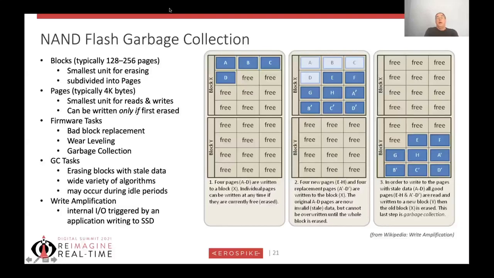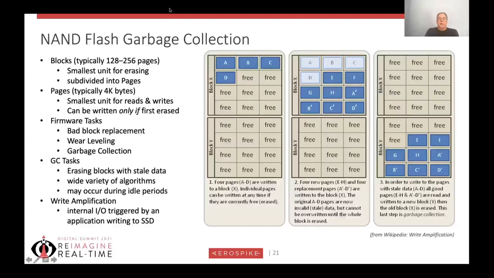So the firmware has to, garbage collection is essentially trying to relocate pages that have been written but aren't currently being used by the host, and collecting them all so that you can do a block free, and then those pages are available for allocation.